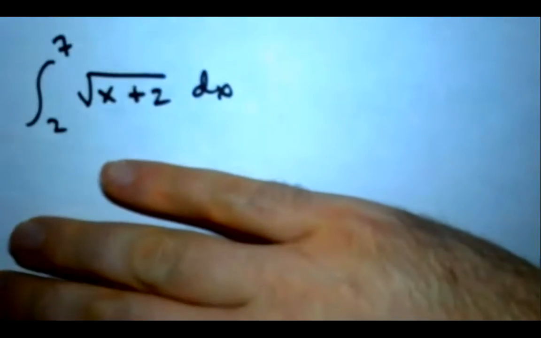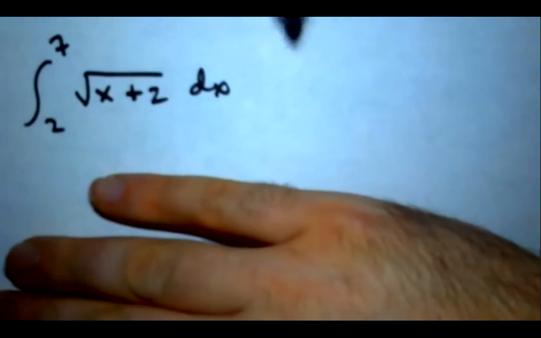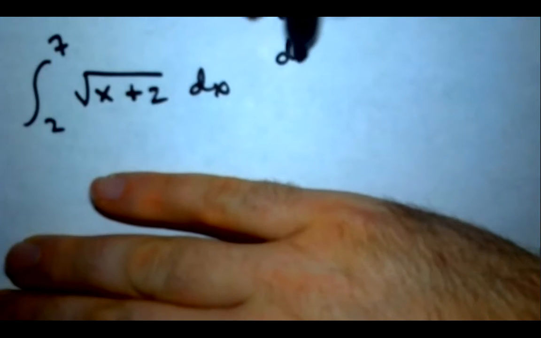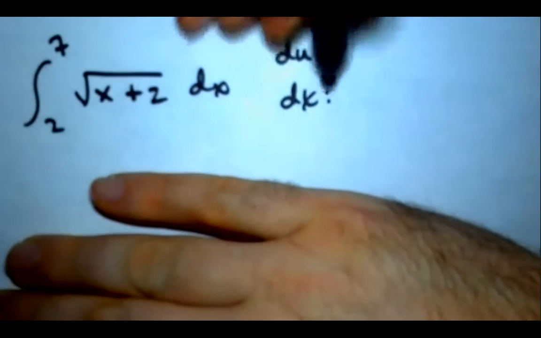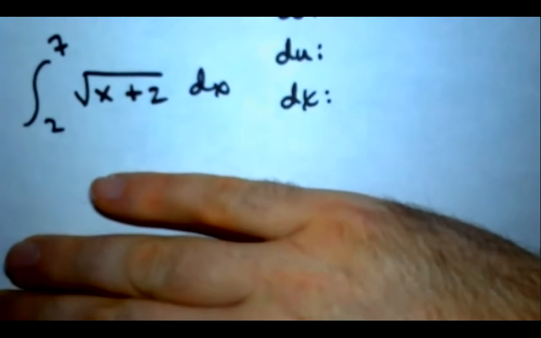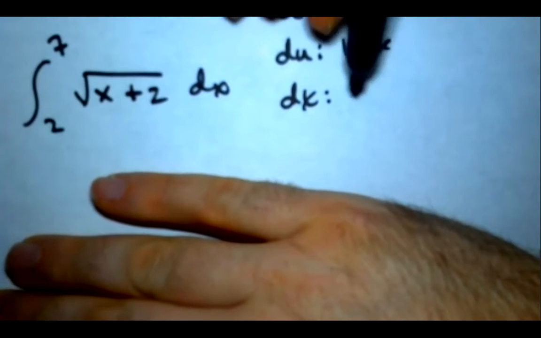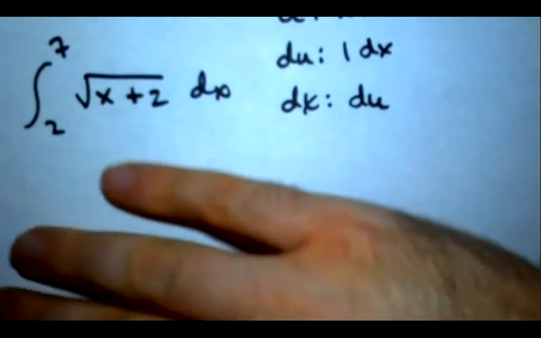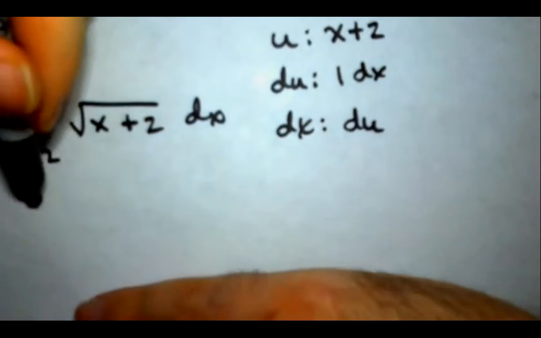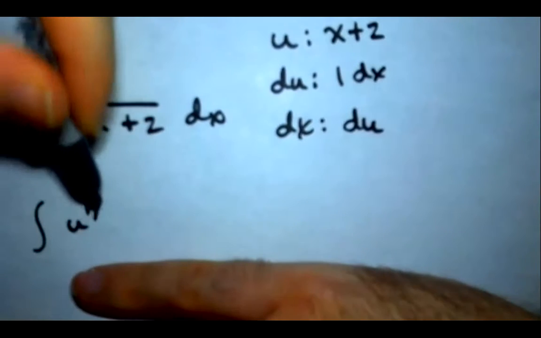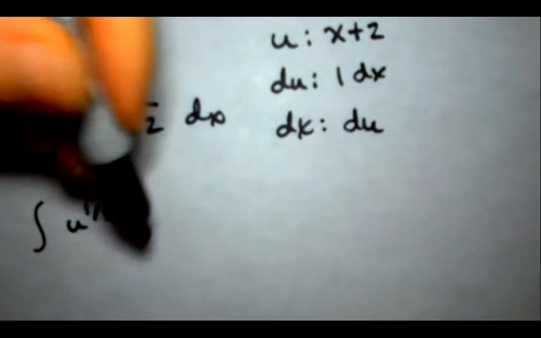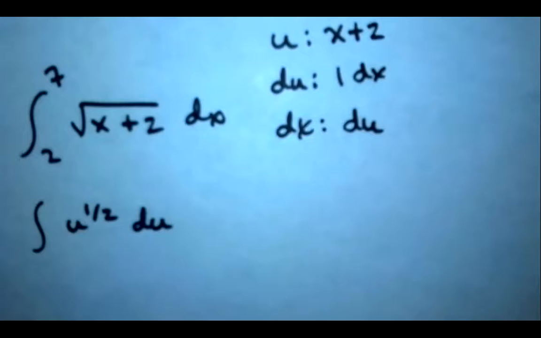So I'm going to still have you guys look for a u substitution here. So u is x plus 2. So du is just 1 dx. So dx is du. When we go with that in mind, this is u to the half du.